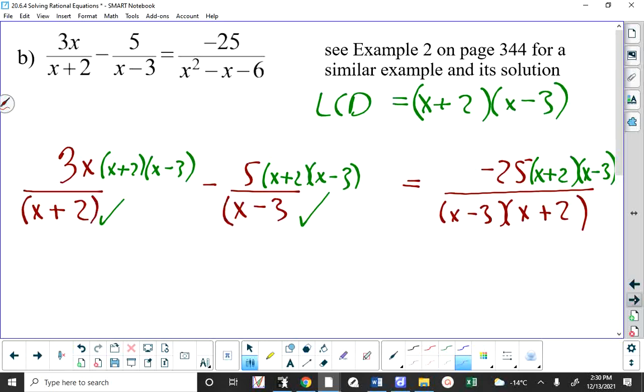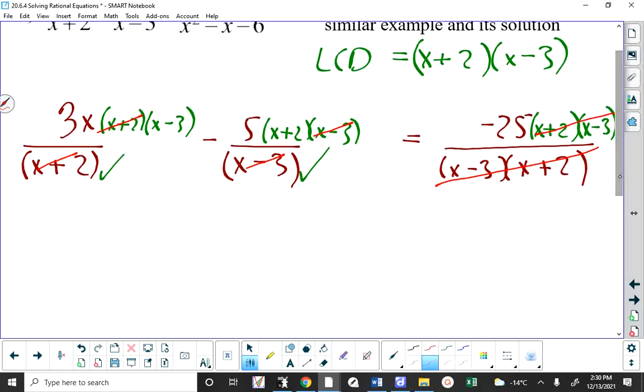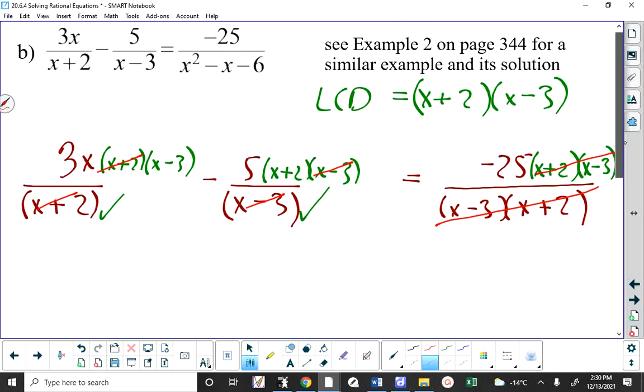I don't think you really need the brackets around the x plus 2 on the bottom and the x minus 3 on the bottom, but I'm just driving the point home. Cancel, cancel, cancel, cancel, cancel, cancel. So, what do we have left?